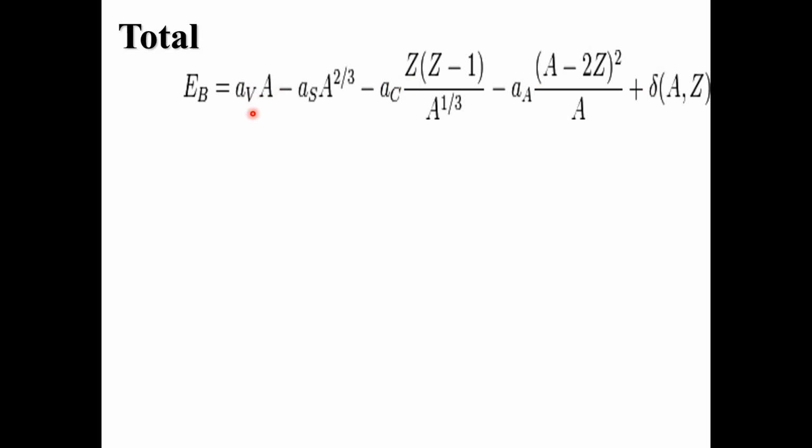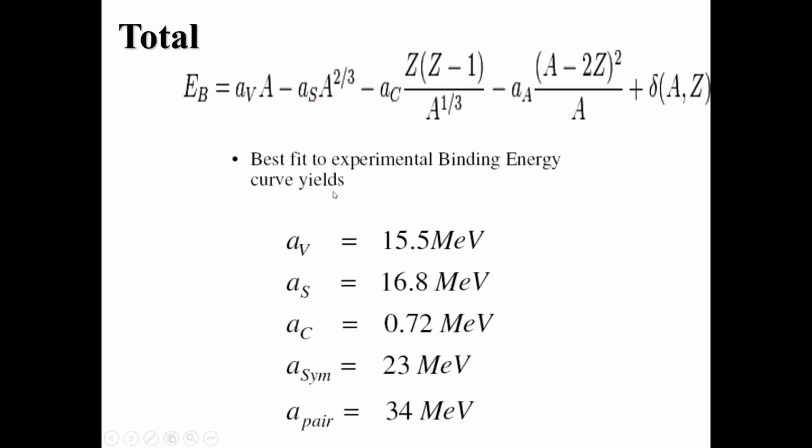This is the contribution due to the volume term, this is due to the surface term, Coulomb term, asymmetry term, and the pairing term. If we combine all these contributions, we get this formula, and this formula for the binding energy is called the semi-empirical binding energy formula.